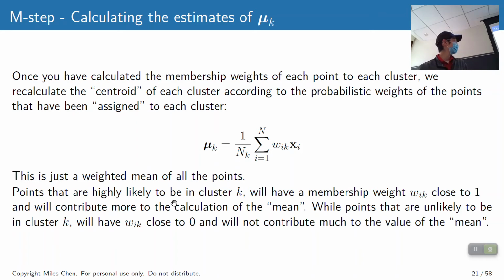Points that are highly likely to be in cluster k will have a membership weight close to 1 and will contribute more to the value of the mean, whereas points that are unlikely to be in cluster k will have a membership weight close to 0, and they're not going to influence the value of the mean very much.